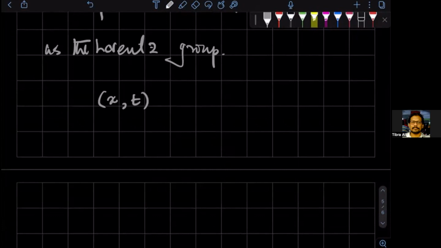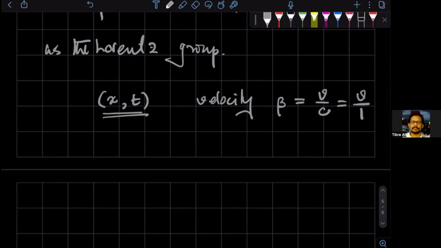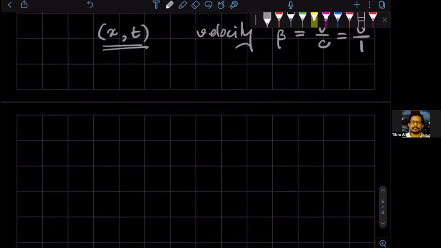And there could be another reference frame, which is moving with respect to this reference frame with velocity, say velocity beta. Beta is v over c, but we are going to take c, the speed of light, to be 1. Then this new reference frame has, say, coordinates x prime and t prime.